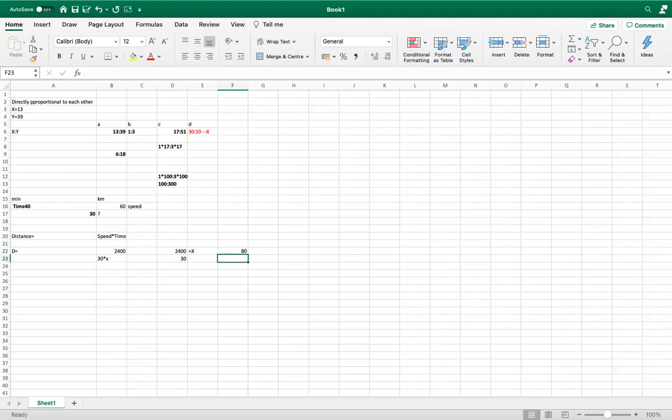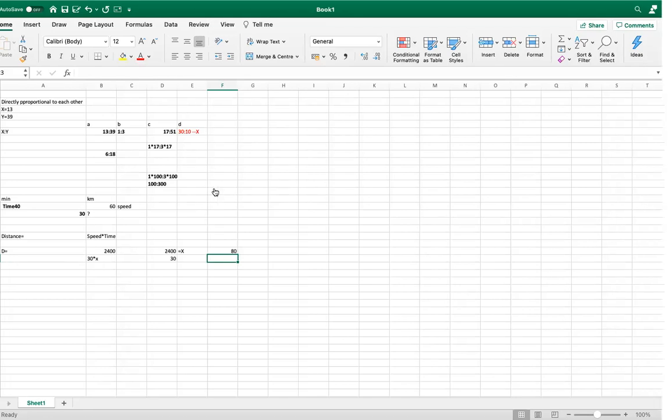Now don't go by this because there is a small print error. Look here, you can see this print error. Okay? Following, all of you? What did I get? 80. 80 is my answer also.